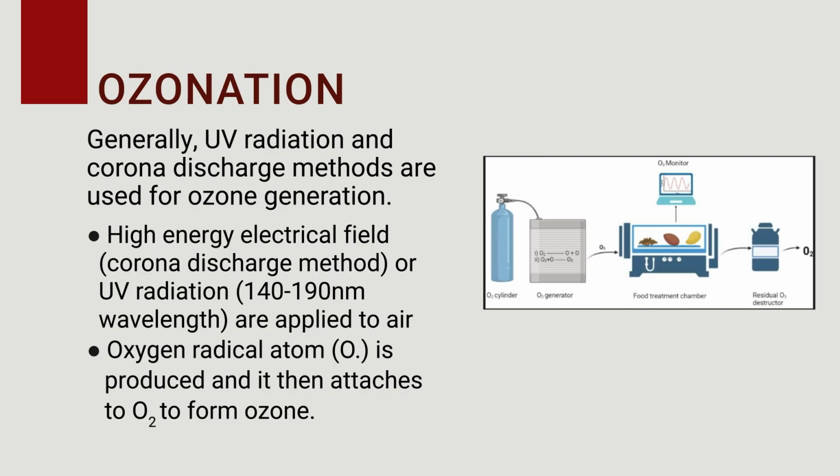How does it work? Generally UV radiation or corona discharge can be used for the production of ozone. So if the ozone is available, being highly reactive and unstable, there is an advantage.